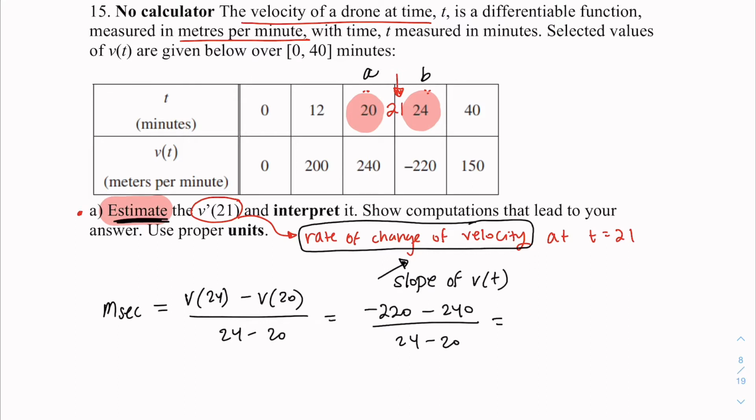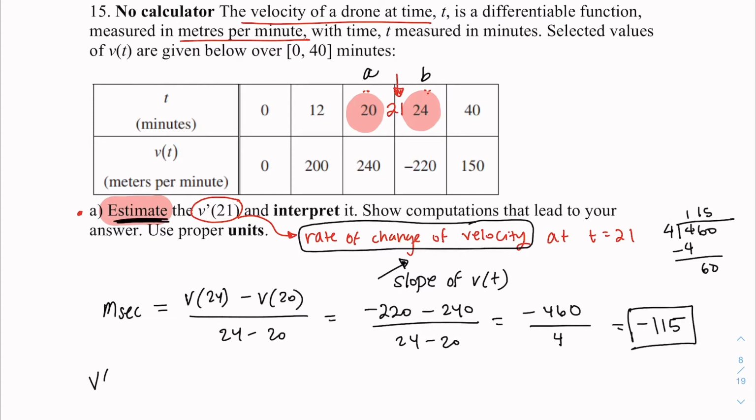So my numerator will be negative 460 over 4. How many times does 4 go into 460? Don't know, but we can find out. Negative 115. Now, that's our first part of our answer.